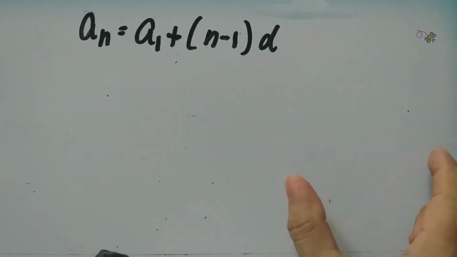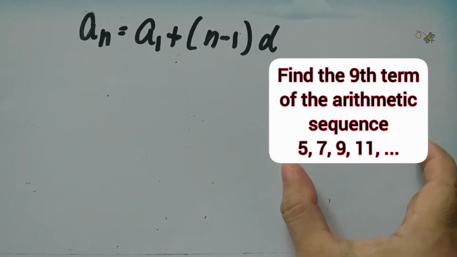Let us try this given problem. Find the ninth term of the arithmetic sequence 5, 7, 9, 11, and so forth.